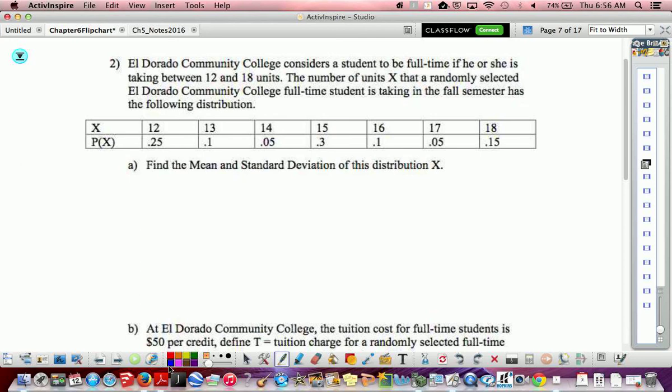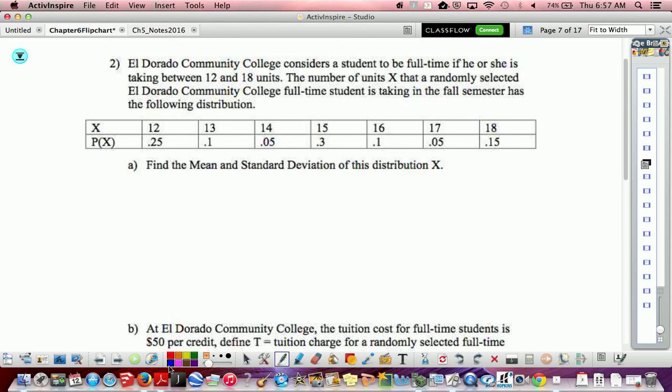So we're going to be doing some stuff that we've been doing in 6.1 and 6.2 here. So El Dorado Community College considers a student to be full-time if he or she is taking between 12 and 18 units, or credits, you could say. The number of units X that a randomly selected El Dorado Community College full-time student is taking in the fall semester has the following distribution. So you can see from 12 to 18 with their respective probabilities.